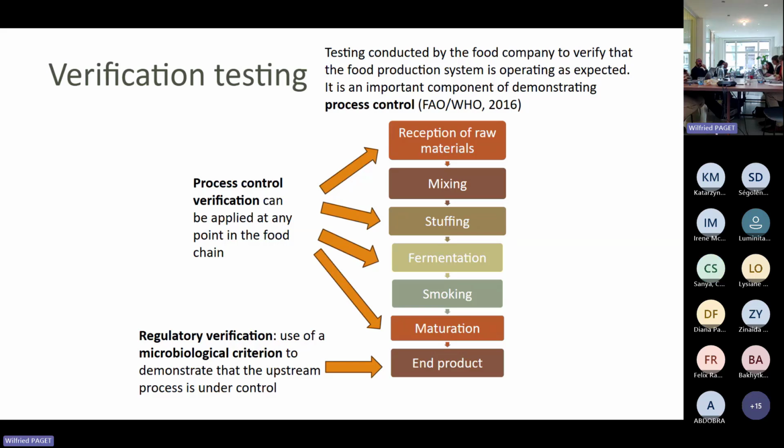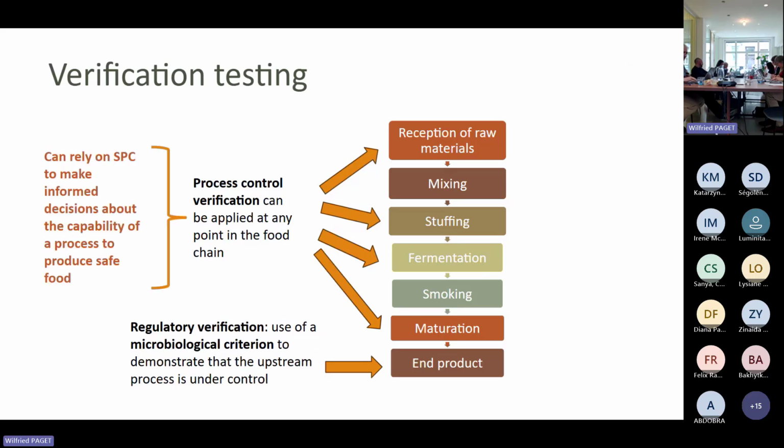So the authorities can check if the product fulfills some microbiological criteria, and it can be used also by the industries to check if the upstream process is under control. So we can predict the end product based on some characteristics, for example, the pH after fermentation or water activity after smoking.